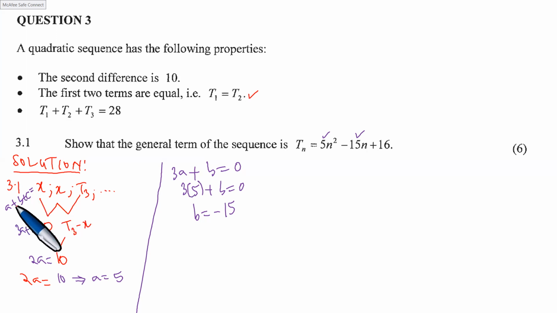We start from the bottom up when we do quadratic sequences. From the 2a we get a, from the 3a plus b we get b, and from the a plus b plus c we get c. But this says a plus b plus c equals x, and we don't know x. So the first thing we need to do is get the value of x, because a plus b plus c is equal to x.